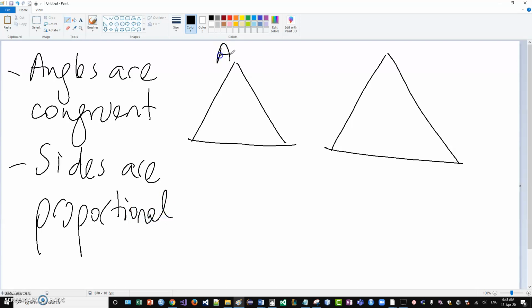So let's say this is A, B, C, and X, Y, Z.